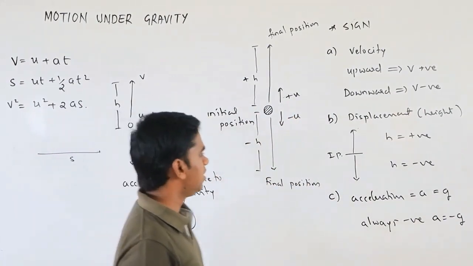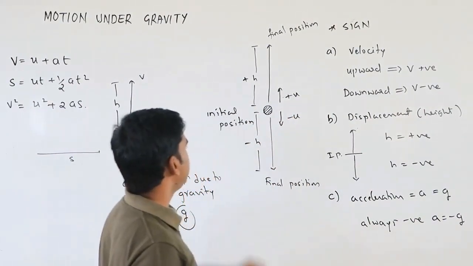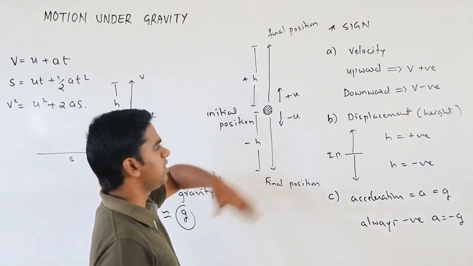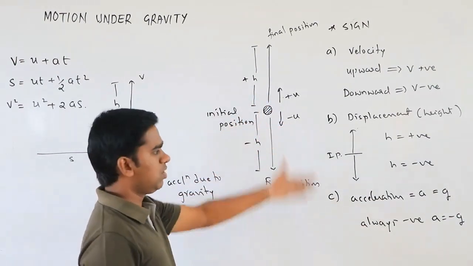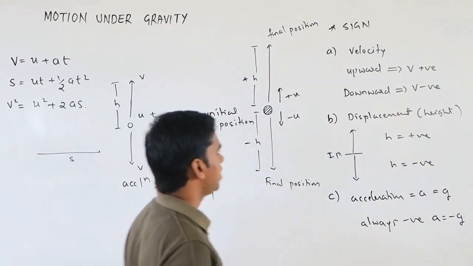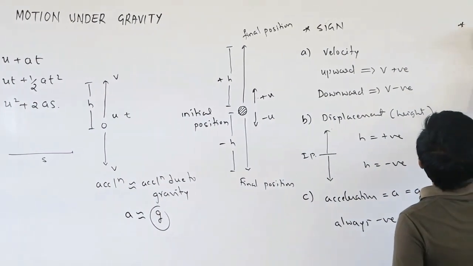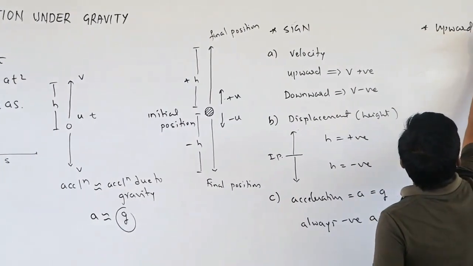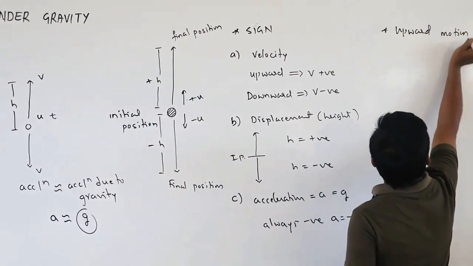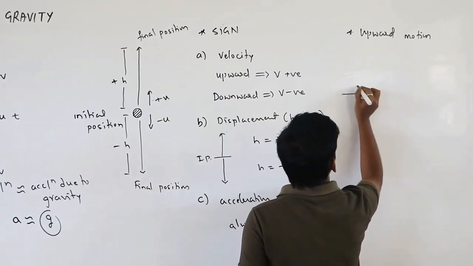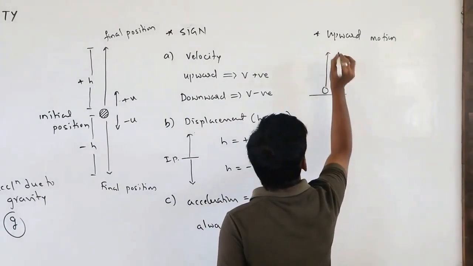Let me take the example when the body is moving in the upward direction. So what will be the equations? Suppose the body is moving in the upward direction. This is the ground, here is the body, and it is moving in this direction.